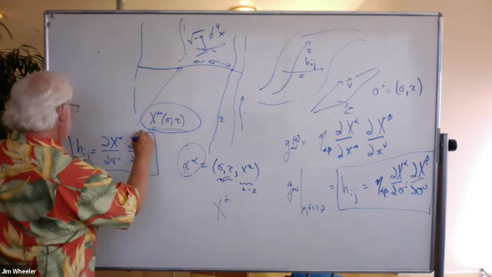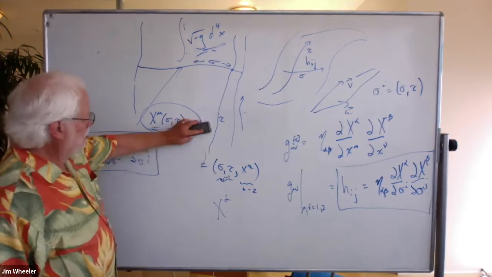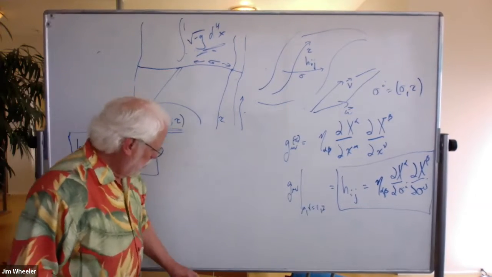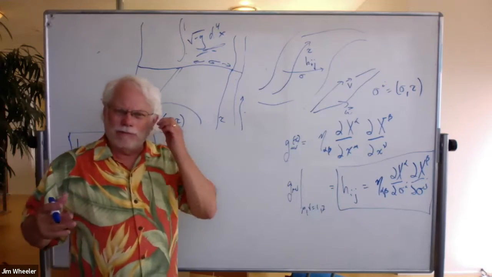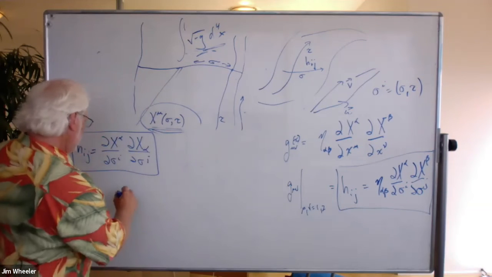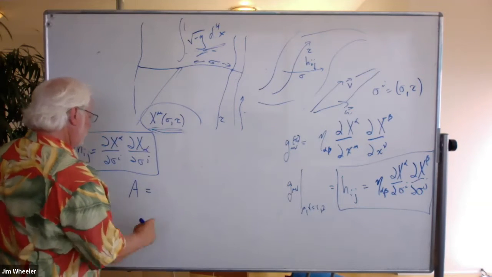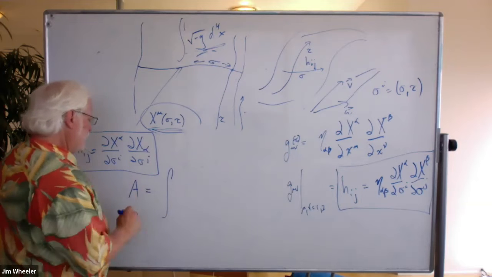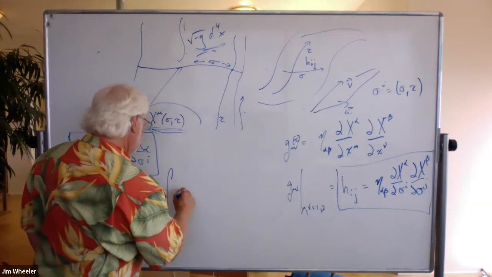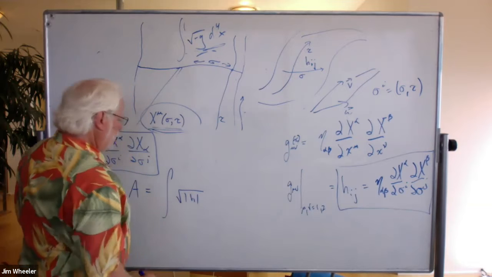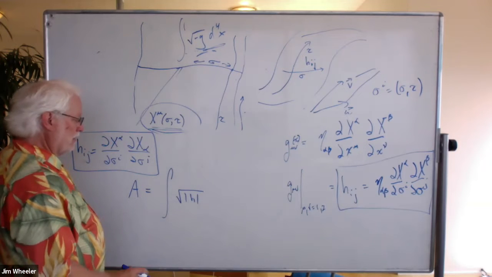And that's now the metric. And now a volume form in 2 dimensions is an area. So the area of the whole worldsheet is the integral of what? The absolute value of the determinant of the metric.